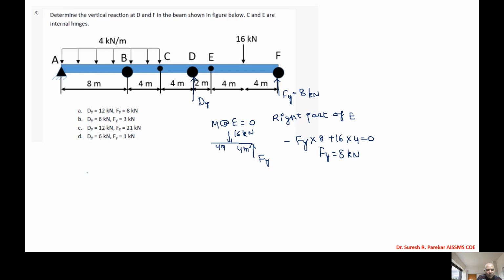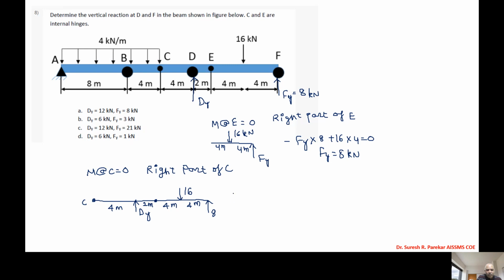Now we will consider moment about C equal to 0, and we will consider the right part of C. So Fy is 8, then we have 16, then 4 meters, then again 4 meters, then at 2 meters we have Dy, and then we have the hinge at C which is 4 meters.